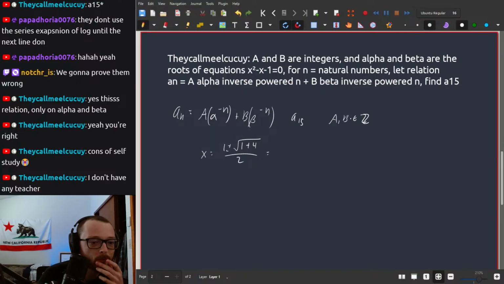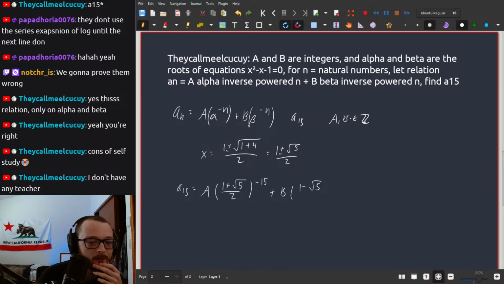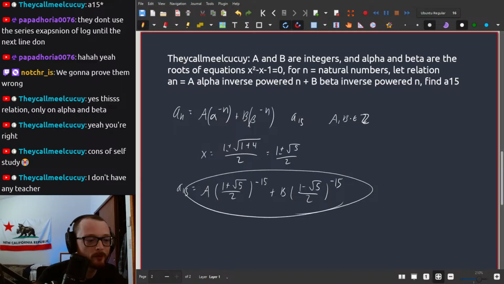Okay, so this is the golden ratio, alpha and beta. So I don't think there's anything else for us to do with this question aside from what I'm writing right here. Like, I feel like I'm missing something here. But this is kind of the best that we can possibly do without more information.